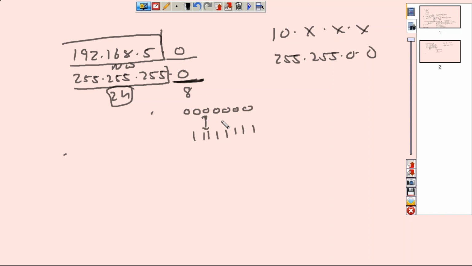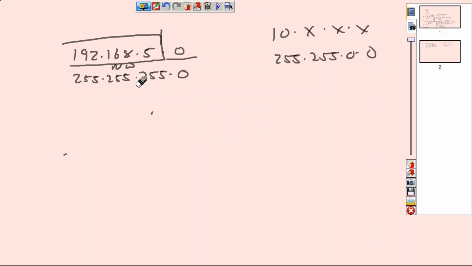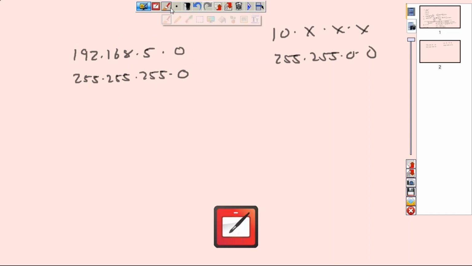I can have that many machines on my network. Now, with this IP address and mask, how many machines can I have on this network? Think, guys. How many machines are possible on this network?